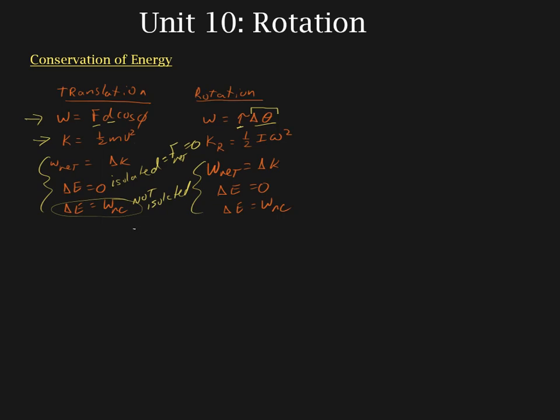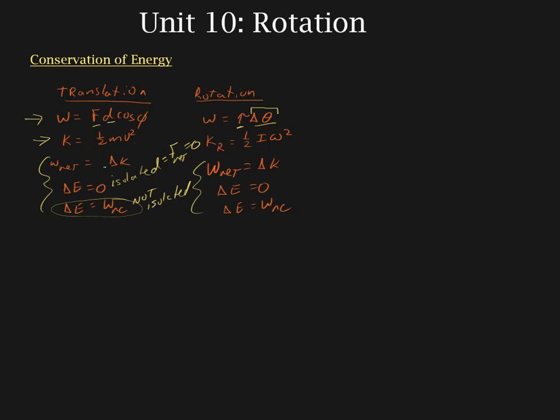So for example, if you're driving a car up a hill and the car is speeding up as you drive up the hill, clearly something is adding energy to that system, because if the car were just coasting, it would definitely be slowing down. So that's the primary difference between the two.